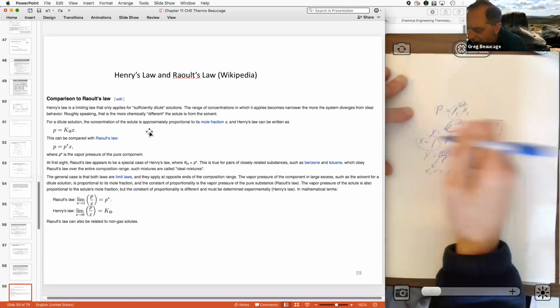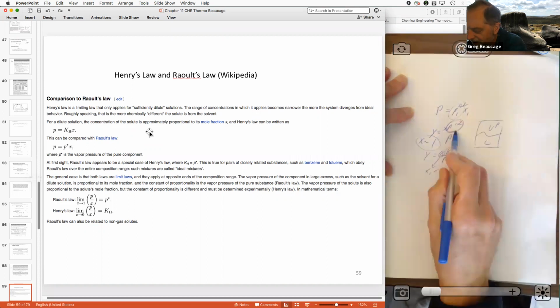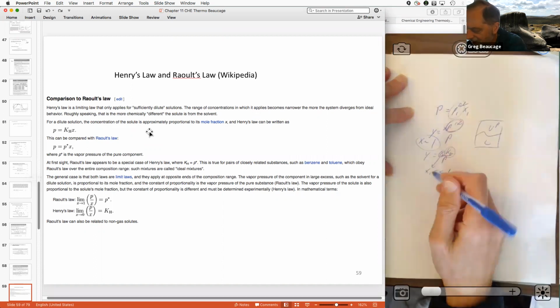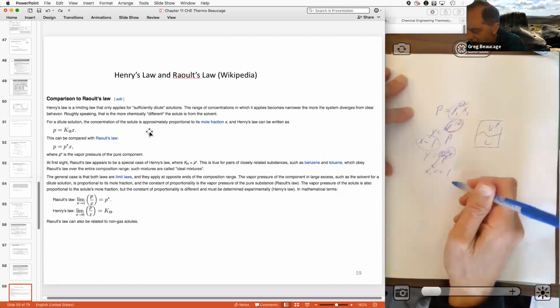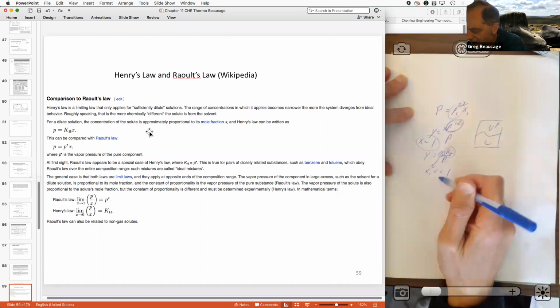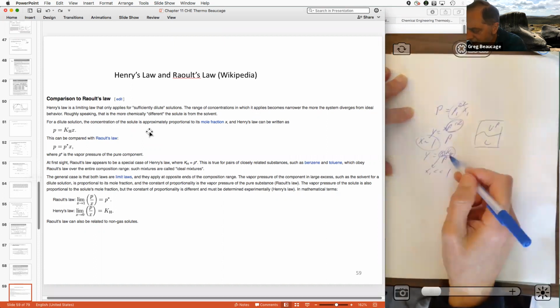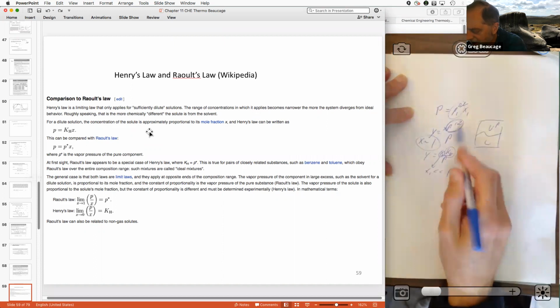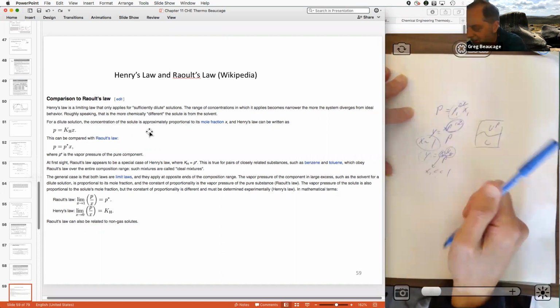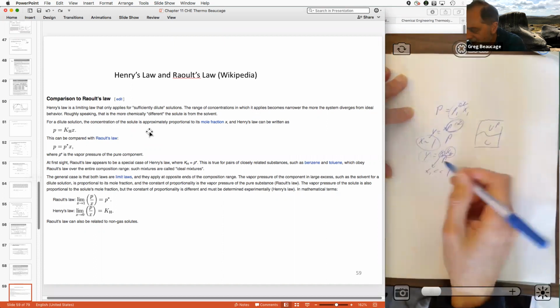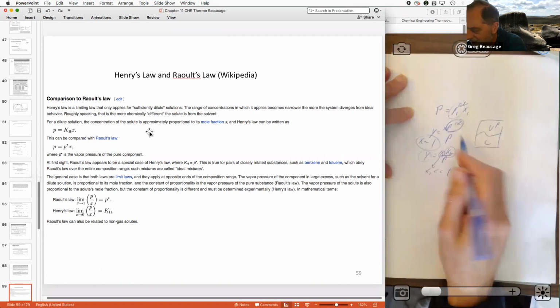So for Raoult's law, x is close to 1. For Henry's law, x is really small. Right, so you're at the infinite dilution limit, and then the saturated pressure doesn't govern the vapor pressure of the substance anymore. It's not following this x law.